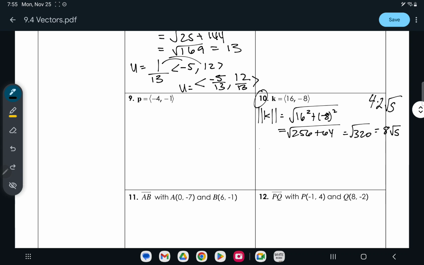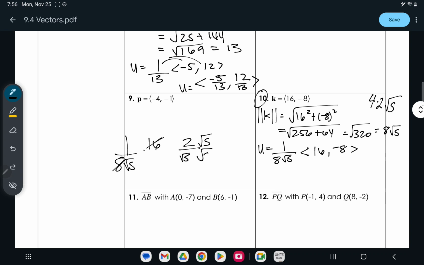Okay. So now, u is 1 over that magnitude times the vector itself, so 16 and negative 8. Let's multiply that. I'm going to do some side work over here. 1 over 8 root 5 times 16. Well, 16 and 8 will cancel out to just be 2. So I have 2 over root 5, but we want to rationalize that.